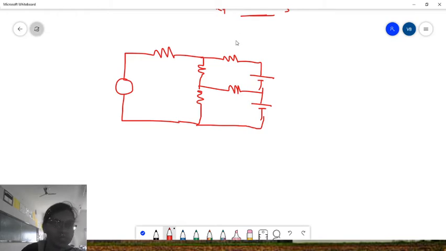Let me draw the values also: here 10 volts, this is 5 volts, and the resistances are 1 ohm, 10 ohms, 5 ohms and 3 ohms. The source of the total circuit is 50 volts.